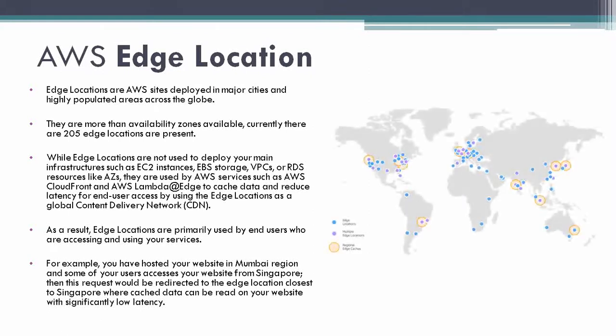I'm going to show this image here. In this image you can see how many edge locations are available in the AWS global infrastructure. In the blue color you can see these are the edge locations, spread all over the world, and the purple color indicates there are multiple edge locations. The yellow circle indicates a regional edge cache.